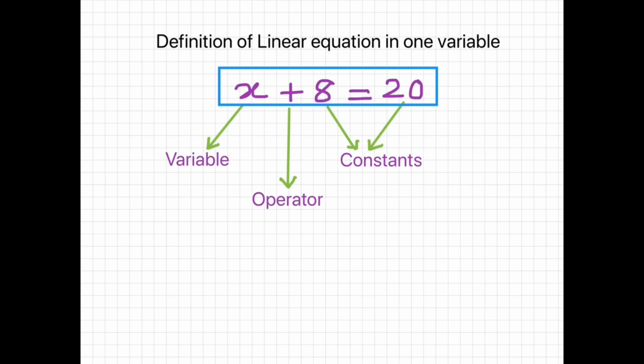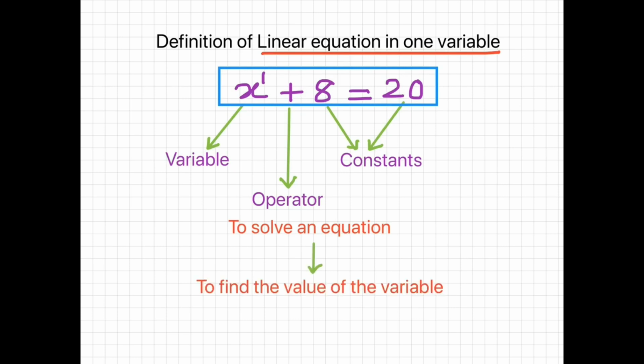In this equation, since the number of variables used is only 1 and the power of the variable is 1, that is, the variable appears in the first degree, therefore it is called linear equation in one variable. To solve an equation means to find the value of the variable. And this value of the variable, which makes the left hand side of an equation equal to the right hand side of the equation, is called the root or solution of the equation.